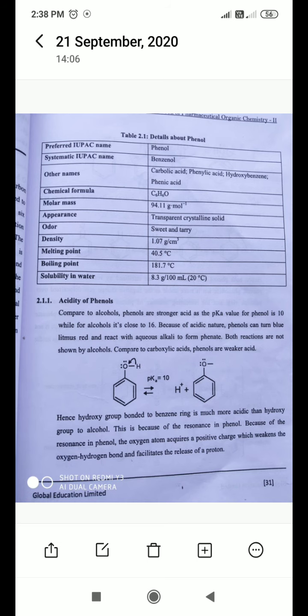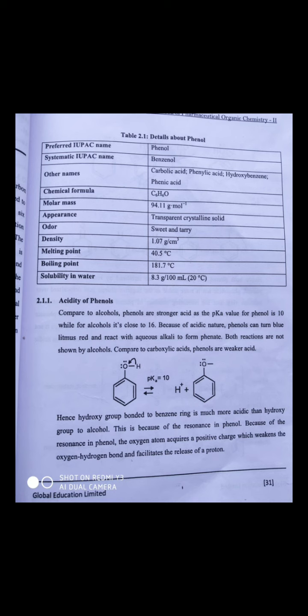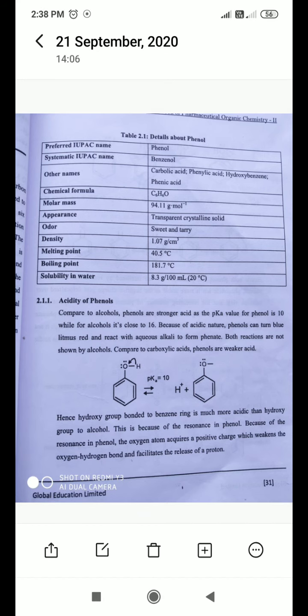In methanol only one carbon atom is there. What is the structure? CH3OH. Here, how many carbon atoms? Only one, whereas in ethanol 2 carbon atoms are there, C2H5.